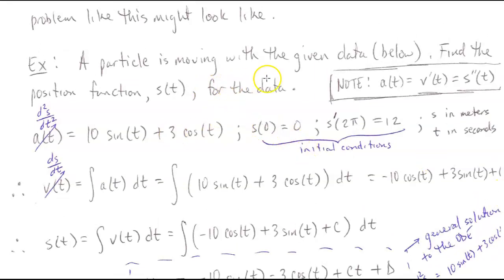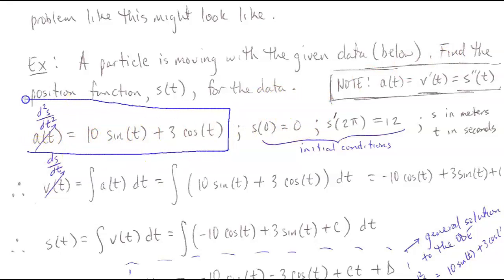So we have a particle moving with the given data below. And of course, that data here is just this particular equation. And from this equation, we have this information about the actual position function that we're trying to find.